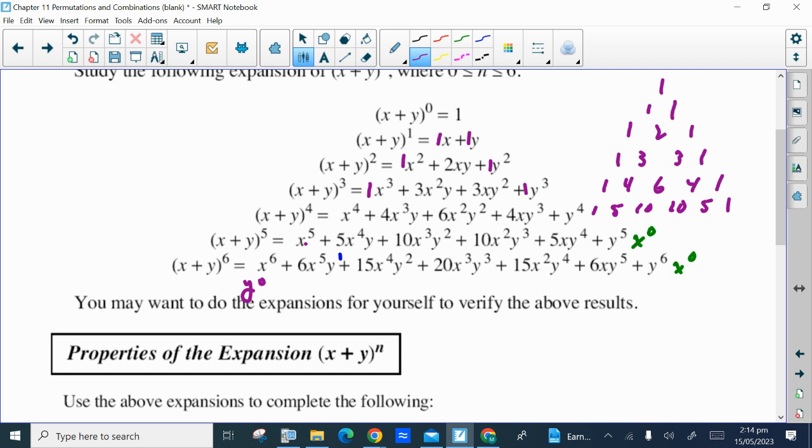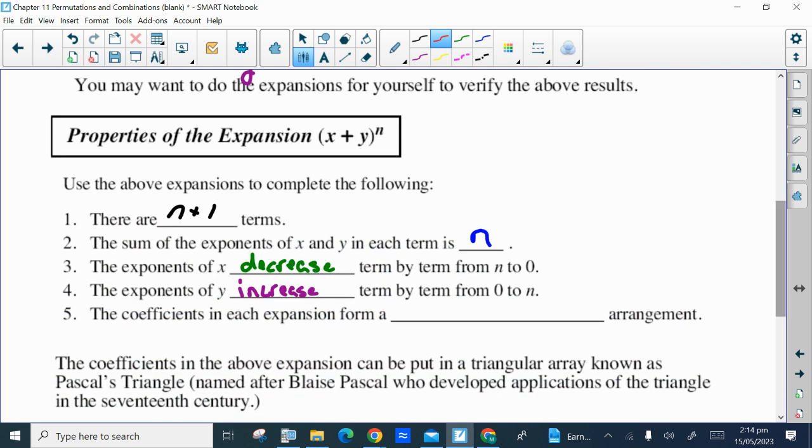What we see happening here is that these coefficients from all those terms form a symmetrical arrangement. Each row starts with a 1, ends with a 1, and there's some symmetry there. Especially when you look at this row, all the terms are symmetrical about the middle. In the previous row, the terms are symmetrical about the middle number. So in each case, those numbers are symmetrical about the middle. Sometimes the middle's a blank, sometimes the middle's a number. But in each case, each row, the coefficients form a symmetrical arrangement.